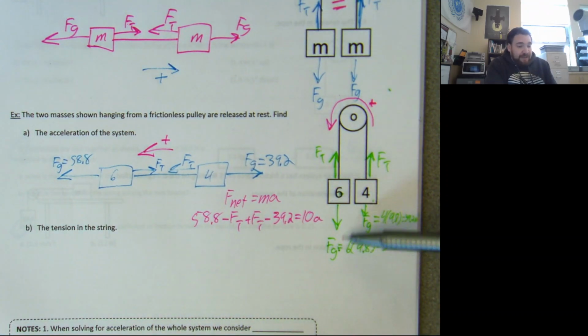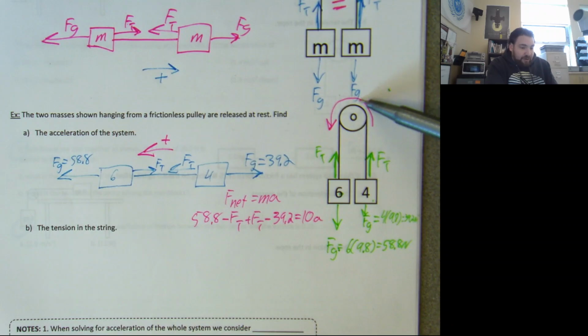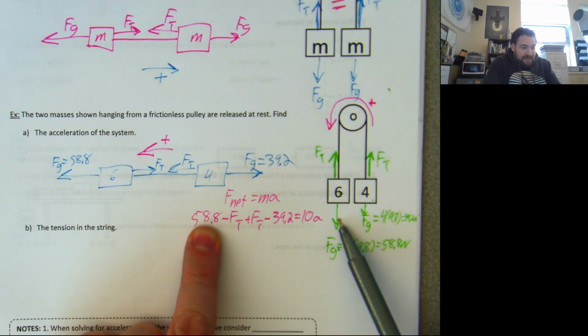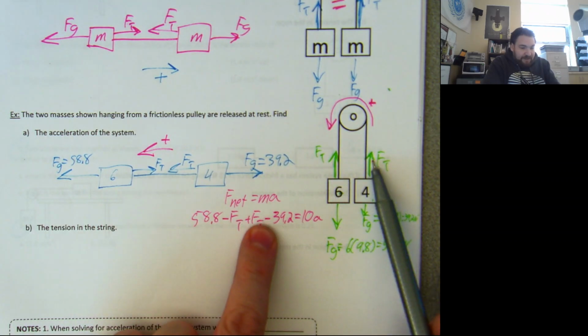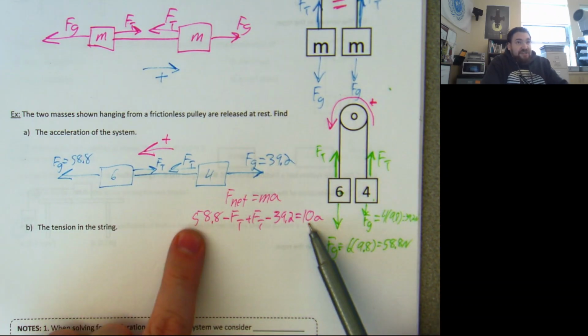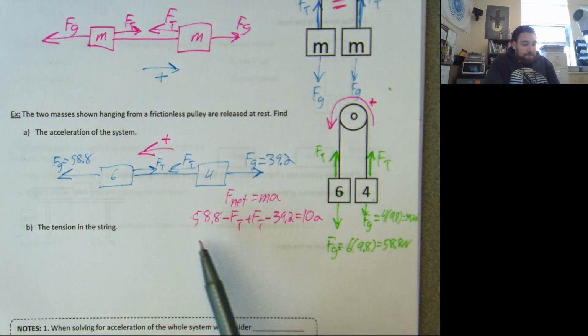This is the same. If we're calling clockwise or counterclockwise positive, this guy's going to be positive, that guy's going to be negative, this guy's going to be positive, and this guy's going to be negative. The procedure is the same, whether you pull it off the pulley or not. And then at this stage, it's the same as the stuff we did on Friday.